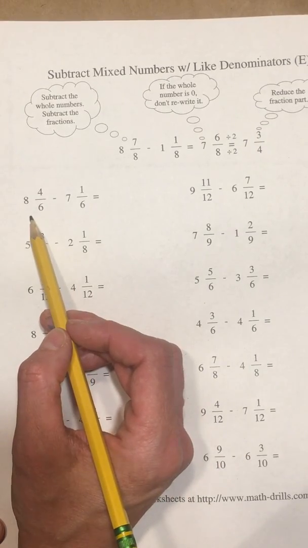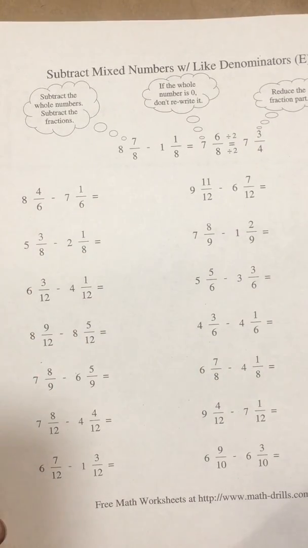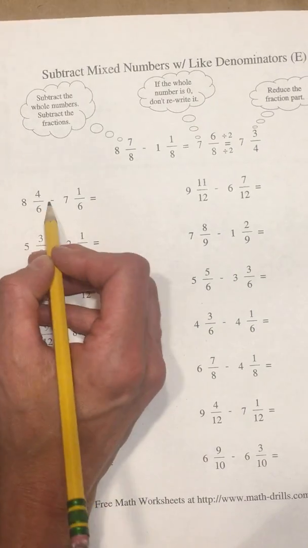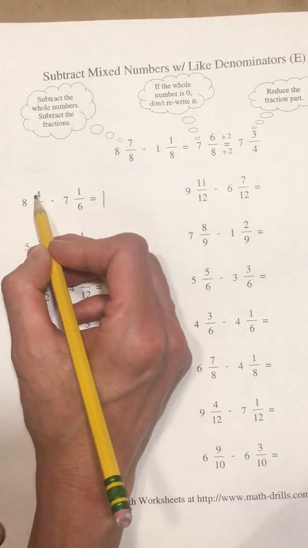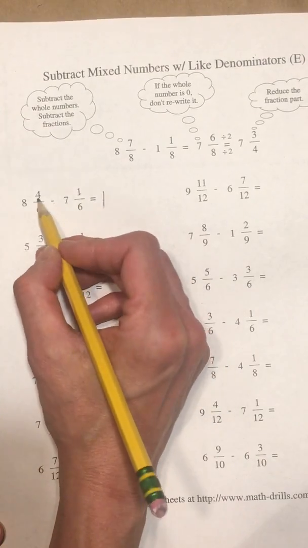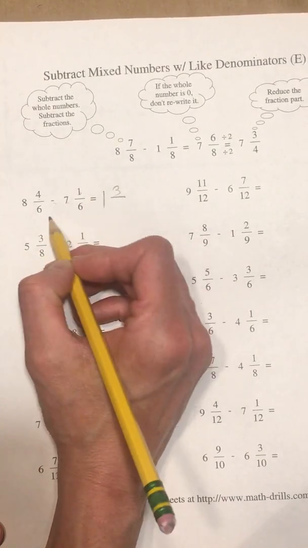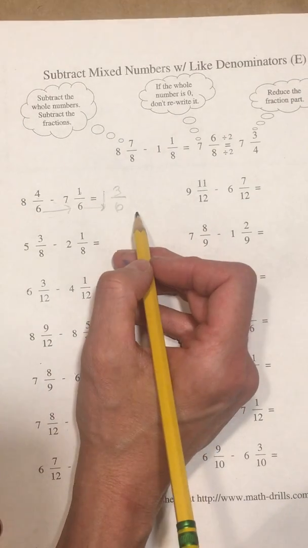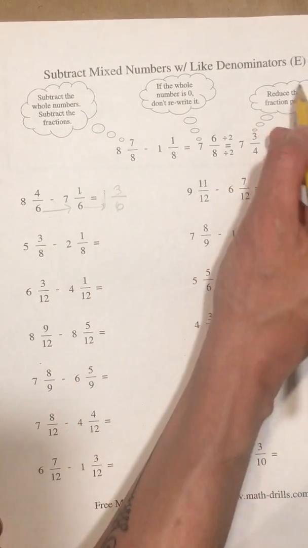So really, it's all about just simplifying for this one. Okay, 8 take away 7 is 1. 4 take away 1 is 3. And you carry the denominators over. So the focus for this page is the simplifying.